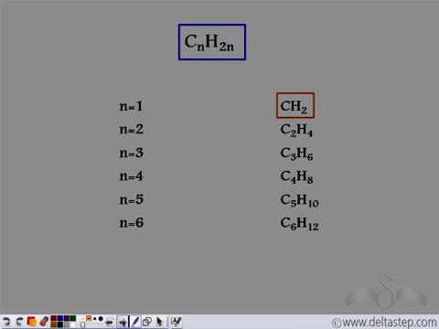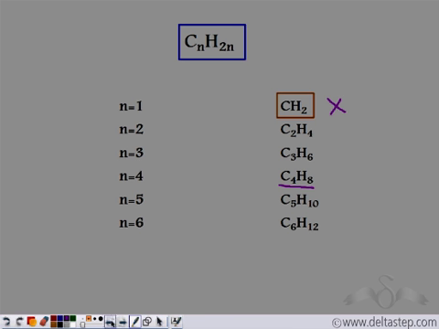We know n equal to 1 does not give us an alkene. For any other alkene, say when n is equal to 4, if we substitute it in the formula, we get C4H(2 into 4), that is 8. So when n is equal to 4, the alkene is C4H8.